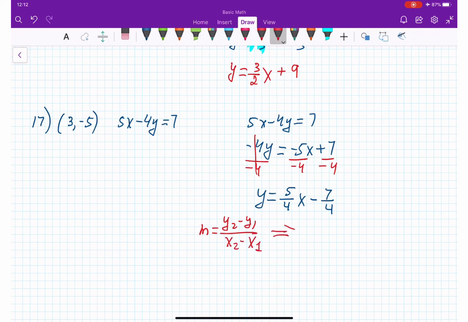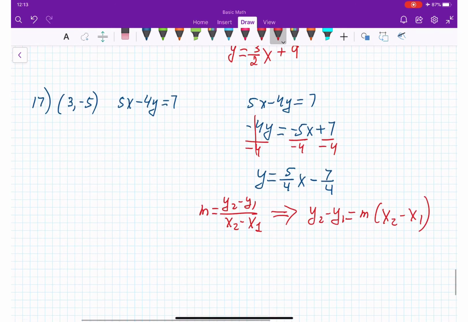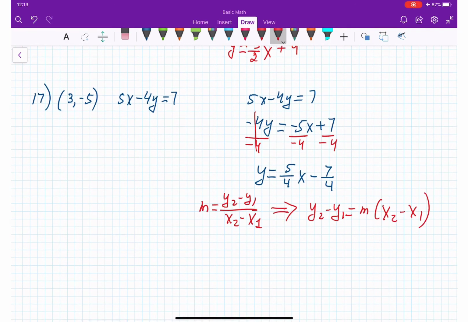From here, I can arrive at y2 minus y1 is equal m times x2 minus x1. Now here it's given y2, y1, x2, x1 because we usually use 2 points. But because we have only 1 point, 3 and negative 5, I can write down y minus y1, leaving only 1 point, equal m times x minus x1.